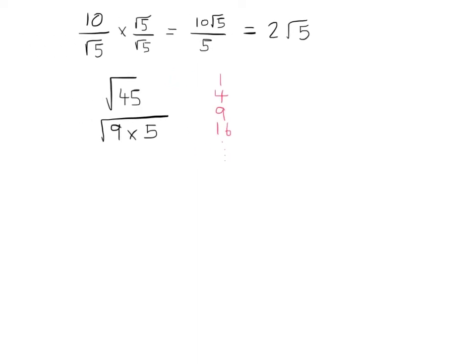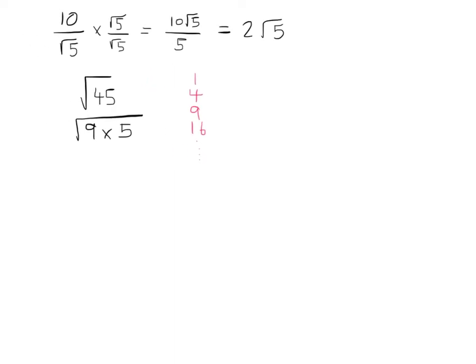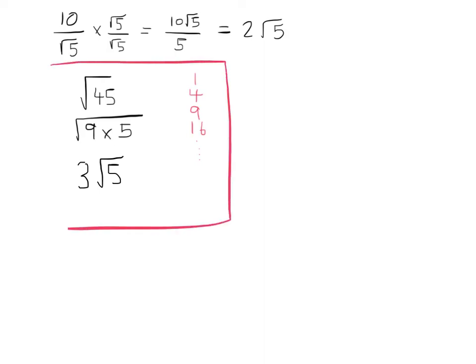Okay, so you should be able to see we can simplify that again, because we know the root of 9 is 3, and obviously the root of 5 stays in that form. Okay, so we've simplified root 45 down to 3 root 5. Alright, and that's the last of the examples.